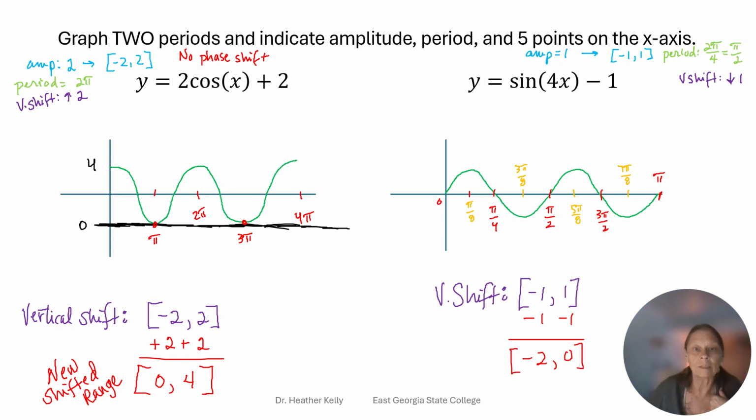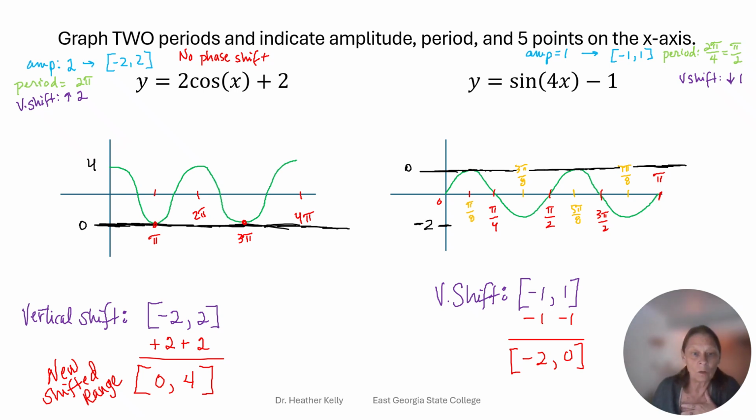So that means that there's our x-axis. This is 0. And this is a negative 2. And there's our graph.